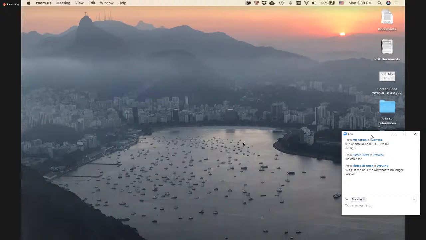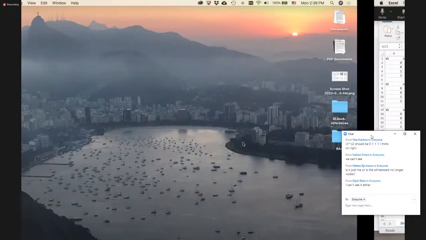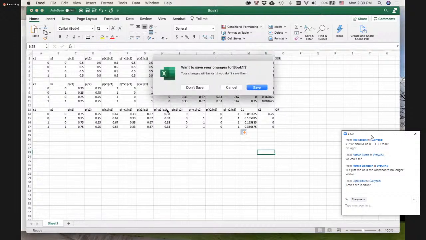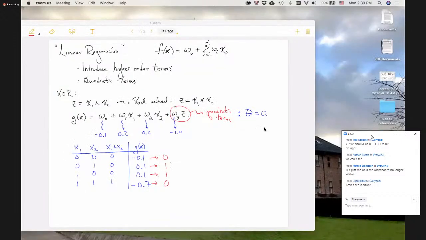Because our threshold is 0, that goes to 0, that goes to 1, that goes to 1, and that goes to 0. It helps if I'm showing you what I'm looking at. Sorry about that. And that is the exclusive OR function.